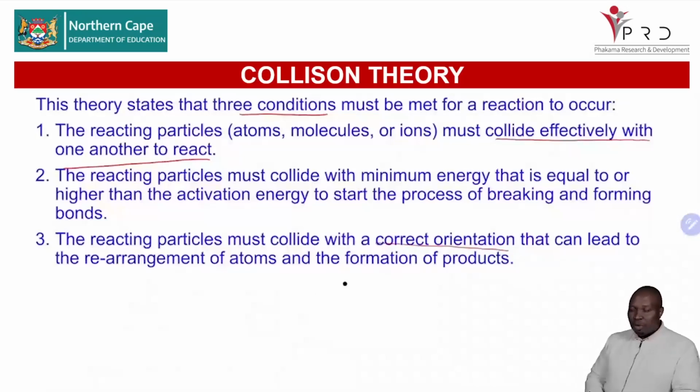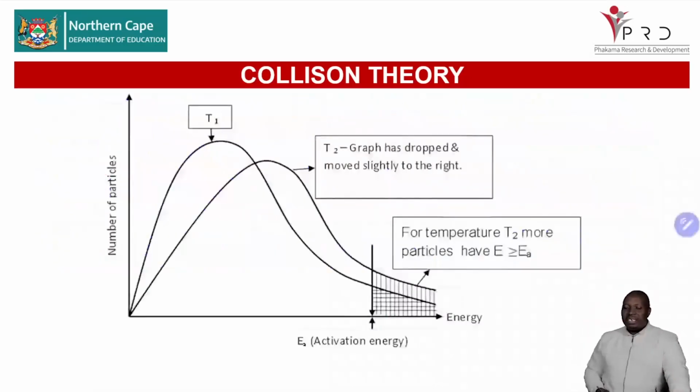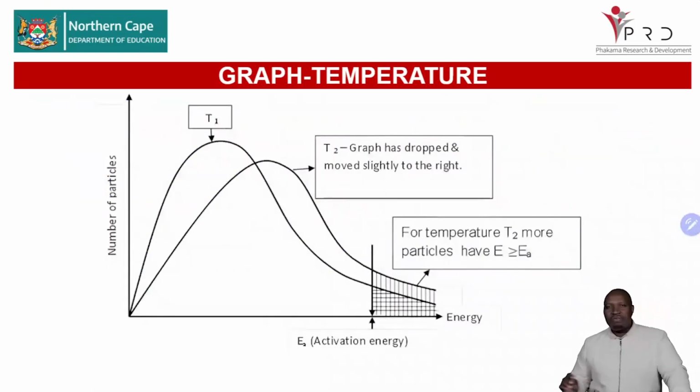So it's three things: the reactants must collide, collide with enough kinetic energy, and have correct orientation. If we have that, the reaction will be effective. We'll have effective collision. What is effective collision? This is the collision that leads to the formation of products.